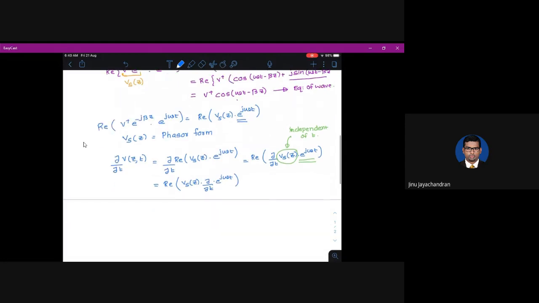Now you know the differential of e raised to j theta is j theta, but if theta has a constant, then that will come in as a product term to the solution. So this is actually real part of Vs of z into j omega into e raised to j omega t.